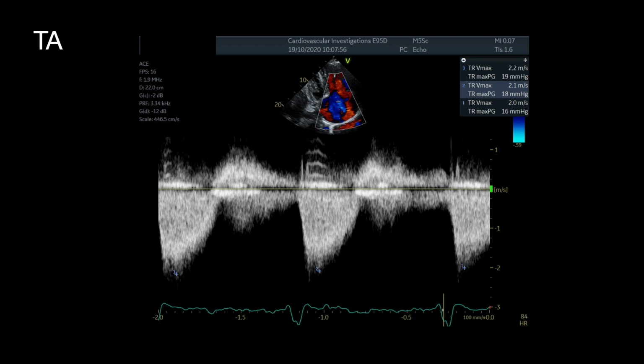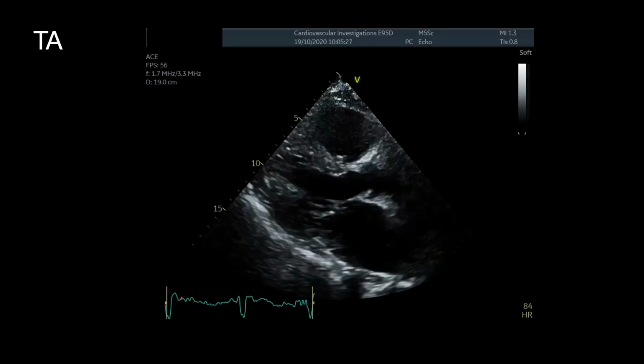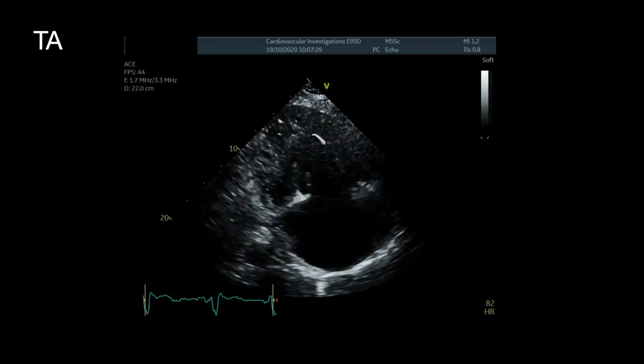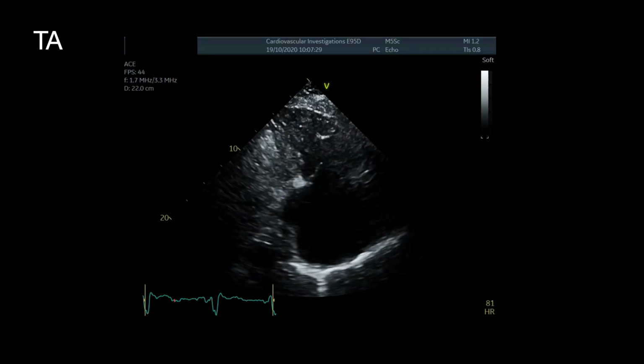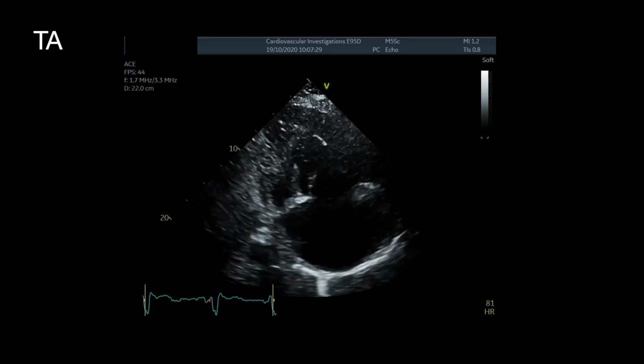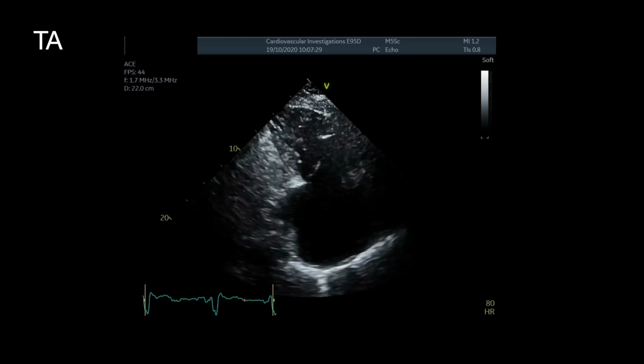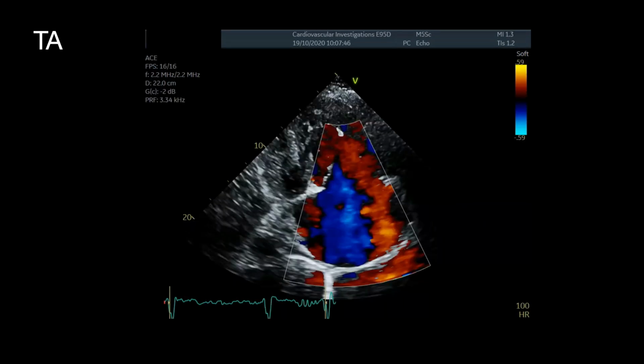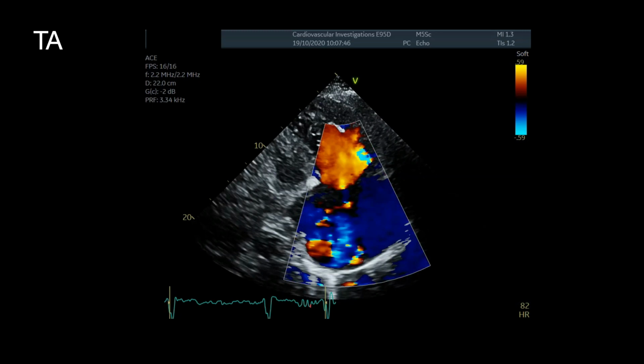And what we're seeing here, we might just go back and see. So it's hard to see, but you may get the impression that the tricuspid valve leaflets aren't actually meeting, aren't coapting, because we have this very wide TR jet.